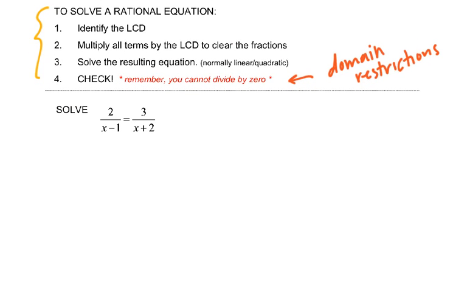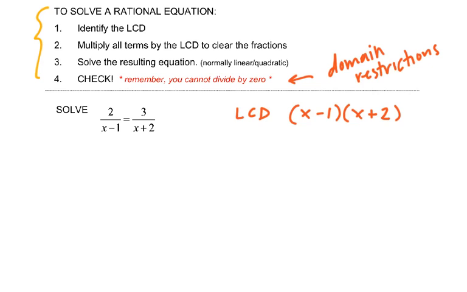So the first thing we do is we need to determine what the LCD is. And the LCD is x minus 1, x plus 2. So in order to solve this problem, we're going to multiply both the left and the right side by x minus 1, x plus 2.